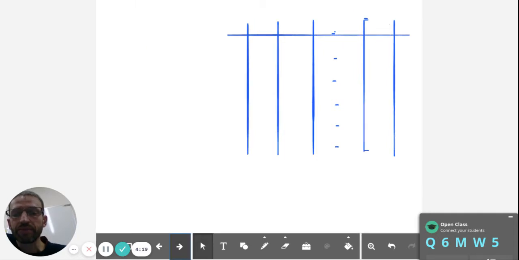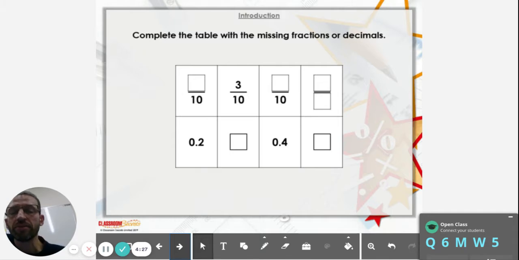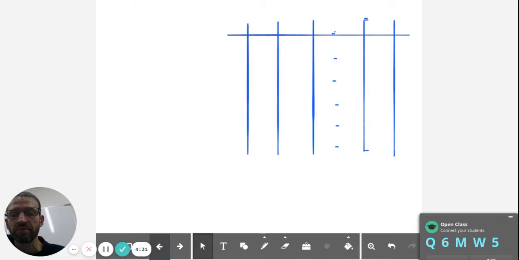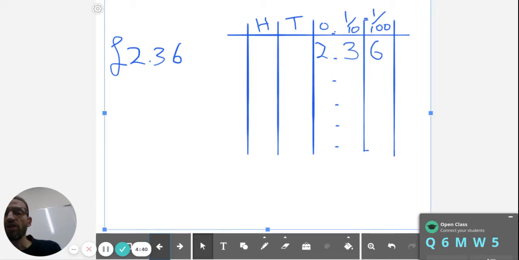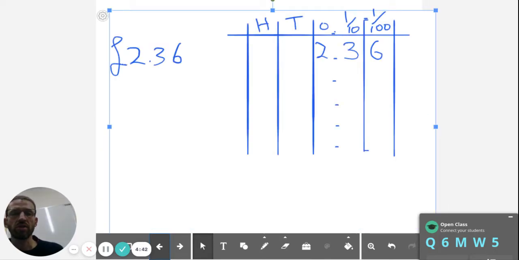So what's our first puzzle? Ooh, to do with fractions. Yeah, that's interesting. This £2.36, we could say, is 2 whole ones. Whoops, everything's moving.